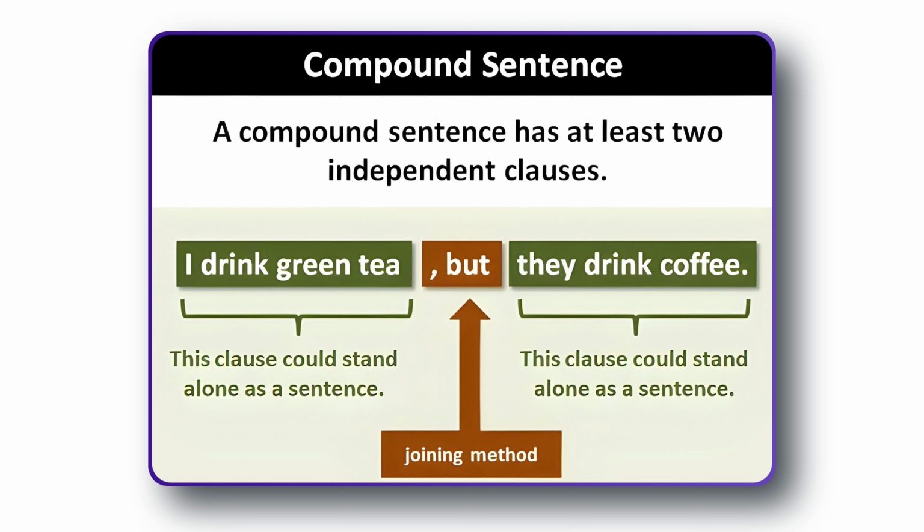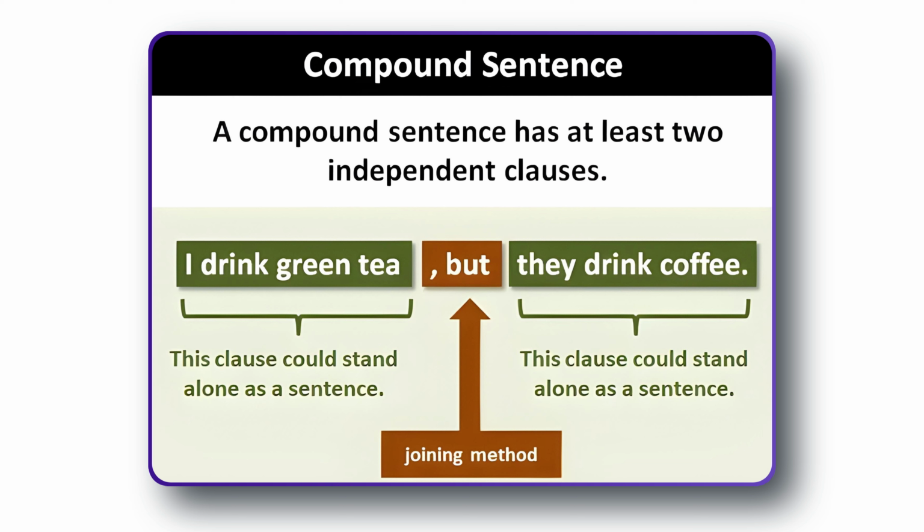Sometimes you will have to combine two independent clauses like these ones to make a bigger sentence, a compound sentence. So we use a coordinating conjunction, and the conjunctions, or the linkers, the words that connect the sentences together, will be fully explained in the next video. So now we are just focusing on what the types are and how they look when you write.